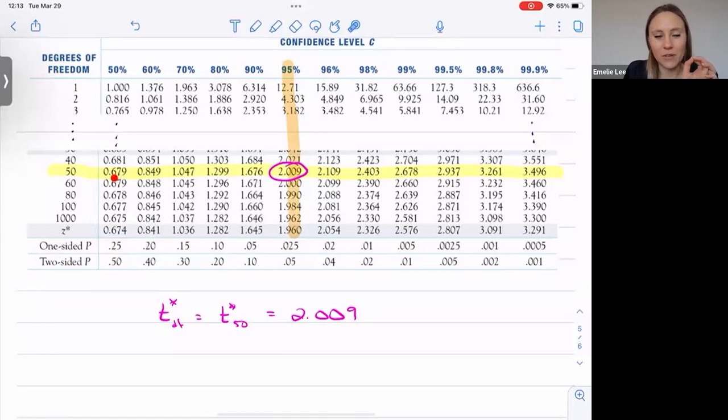But you're going to have a calculated t, and you're going to try to place it somewhere along this line. It's increasing from technically 0 to infinity, but we only see a certain portion that we're interested in. So we try to place our calculated t somewhere along this line, and then we can use that to find our p-values.